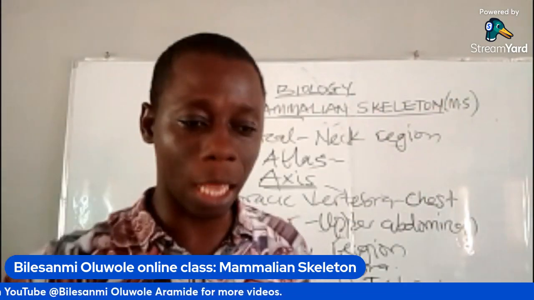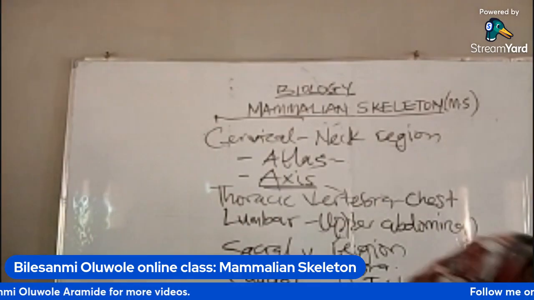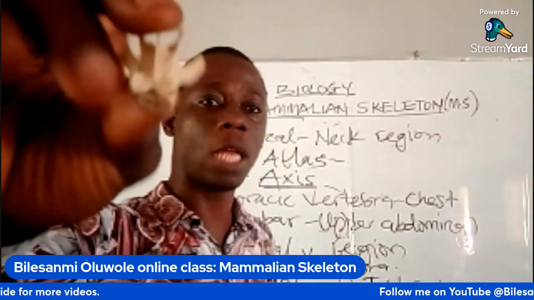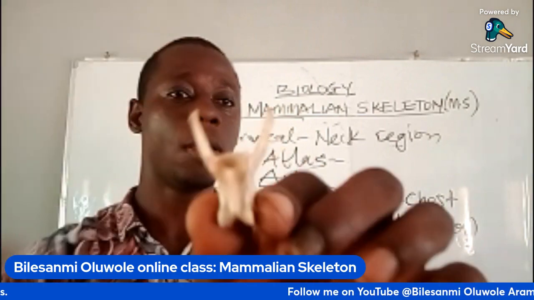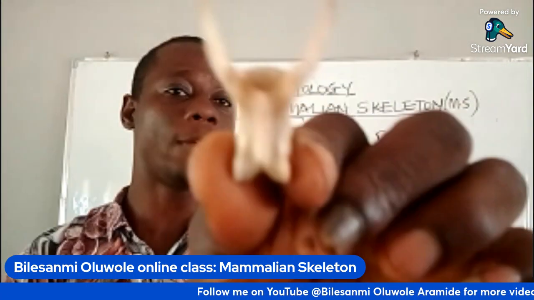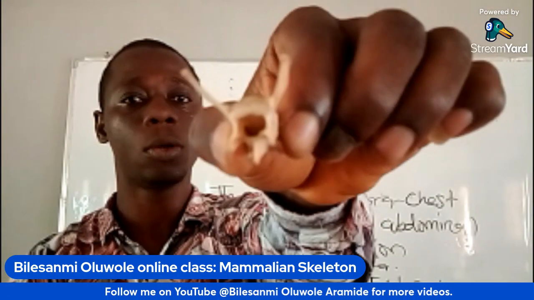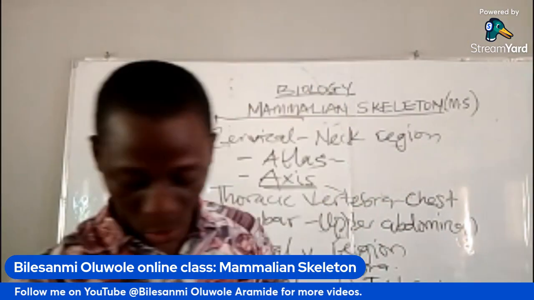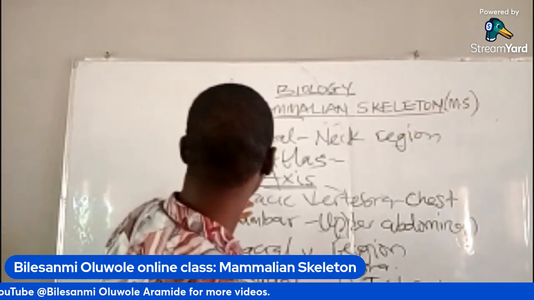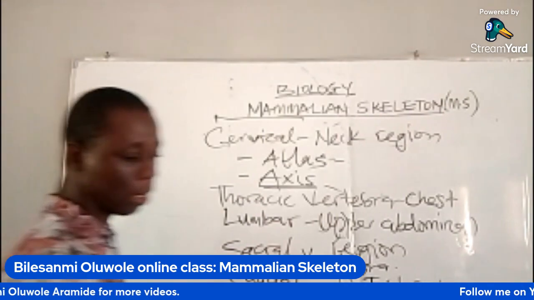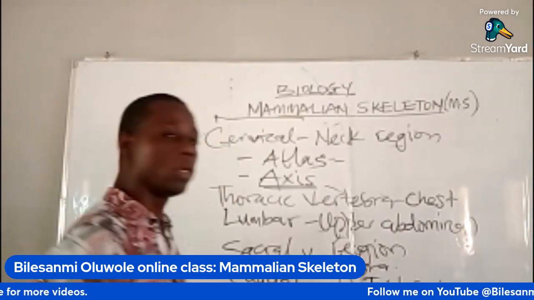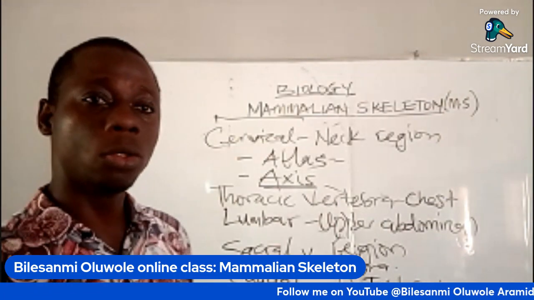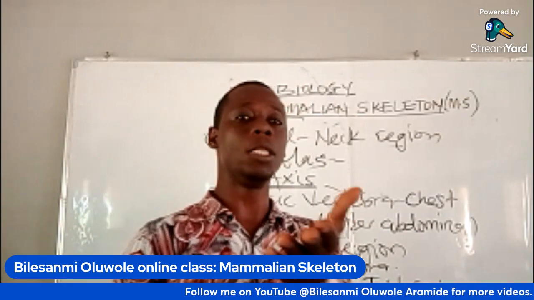You can see that they are different. They have different structure, so that's why they also have different function. Hope you can see. So these are the different types of vertebra that we have.